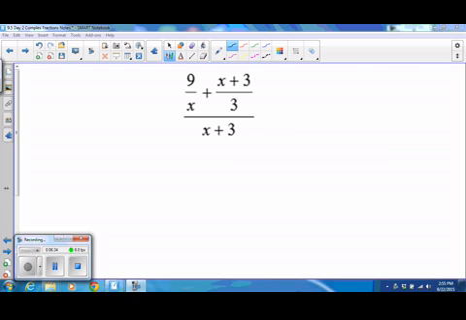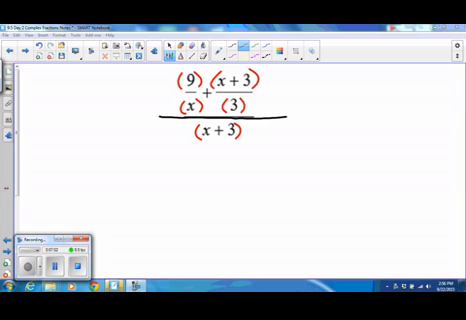Okay, let's look at this one. Get it written down. If it makes you feel comfortable, put everything in parentheses so that you can actually see what factors you're looking at.